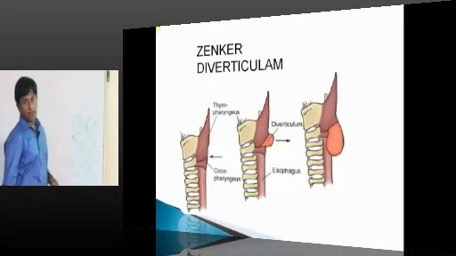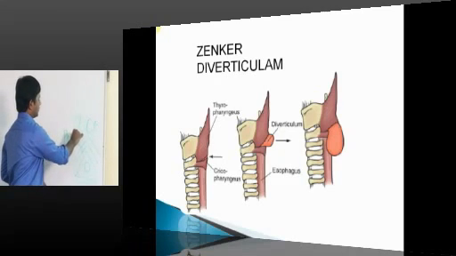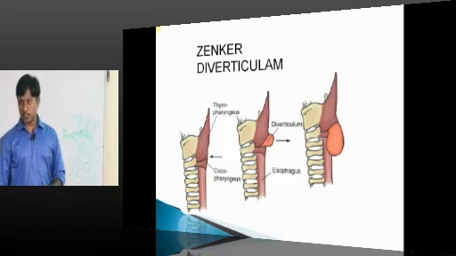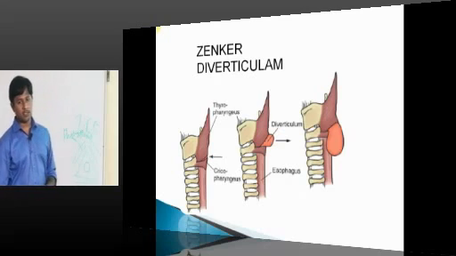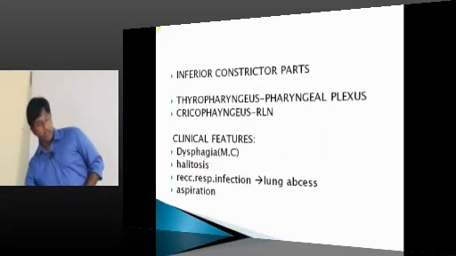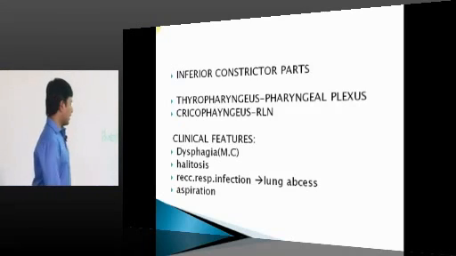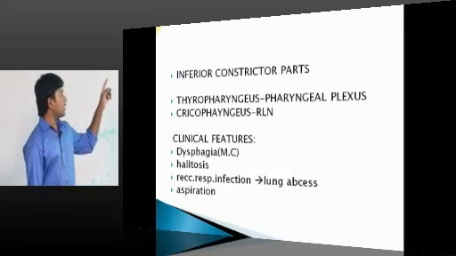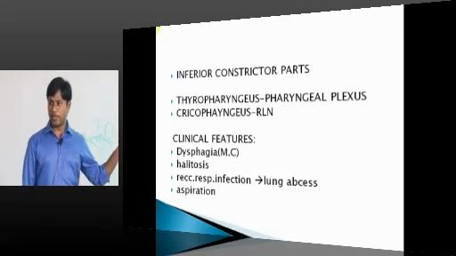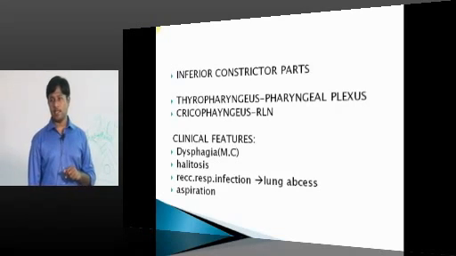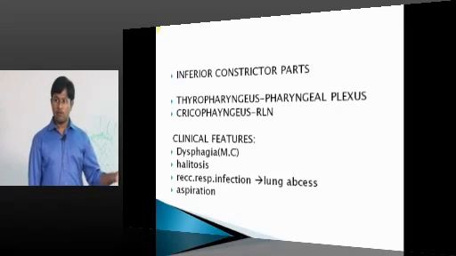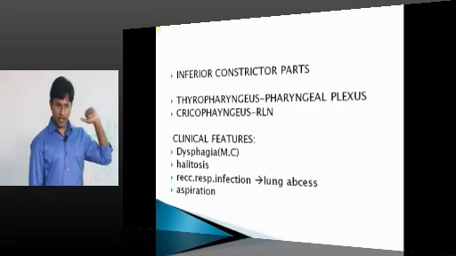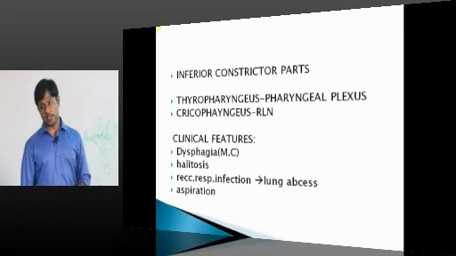The thyropharyngeus is supplied by the pharyngeal plexus, whereas the cricopharyngeus is supplied by the recurrent laryngeal nerve. Because of the incoordination between these two nerve supplies, there will be a weakness in this area that leads to a Killian's dehiscence, which causes a Zenker's diverticulum. Remember the two terms, thyropharyngeus and cricopharyngeus, and the nerve supplies, the pharyngeal plexus and the recurrent laryngeal nerve.